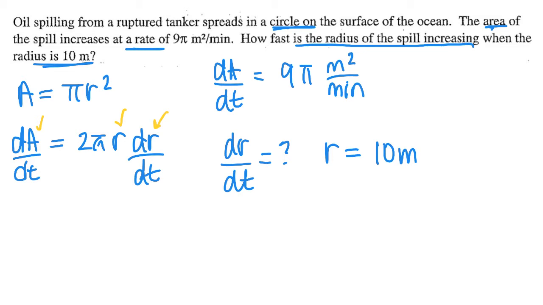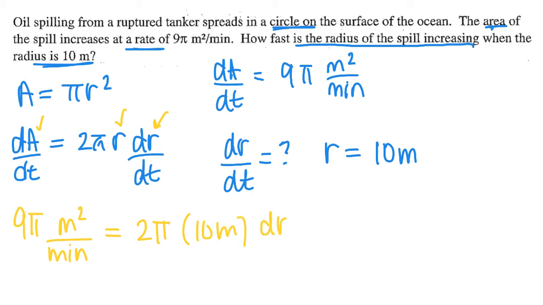So when we plug in, dA over dt, I have 9 pi meters squared per minute equals 2 pi times our radius, 10 meters, times our unknown, the rate of change of the radius with respect to time. And so now this is just a matter of solving our equation.